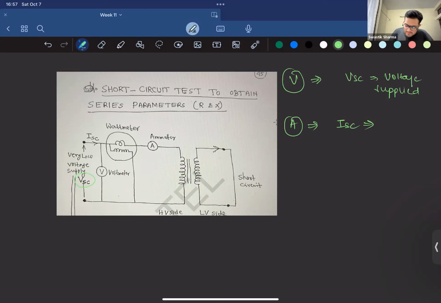So this ISC is the primary side equivalent of the full load current. Since full load current is flowing, the copper losses will be prominent, and the wattmeter will measure the copper losses.